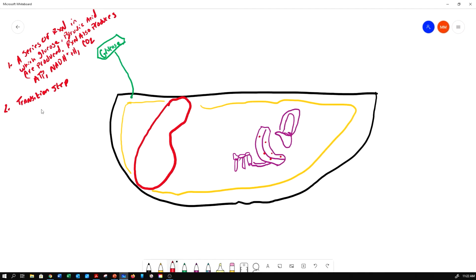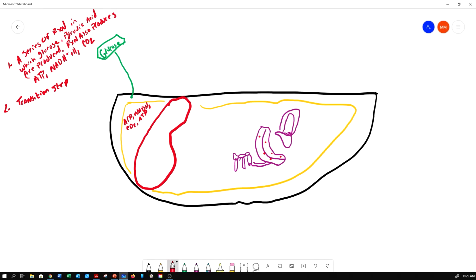Okay, and so let me write this right here. So we're going to get ATP, NADH, CO2, and ATP.